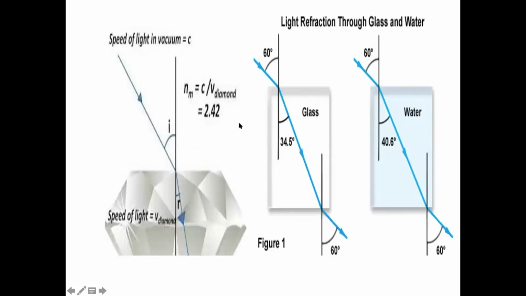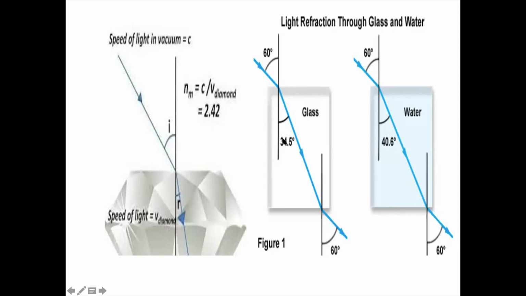Diamond, I told you it is 2.42. Quartz must have been written over there, it is different. It is SiO2, silica. So now the light is coming inside the diamond, so it is bending very near to the normal. The value is 2.42.